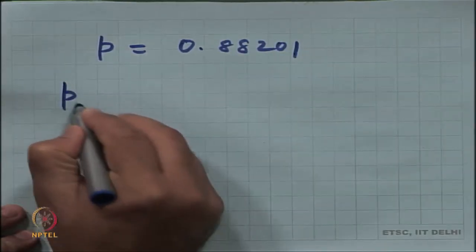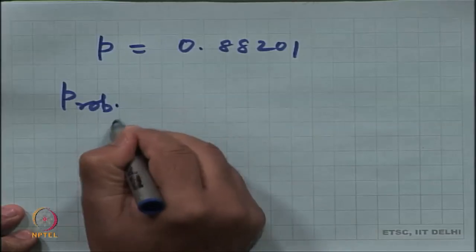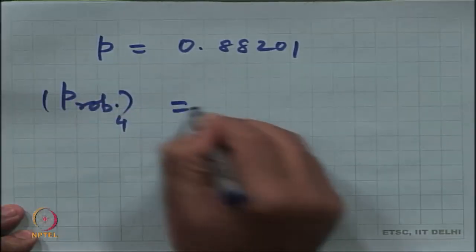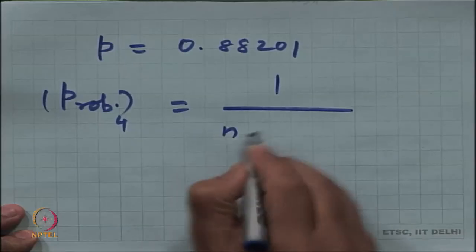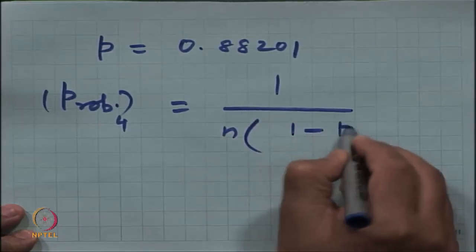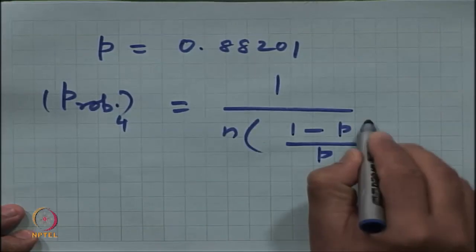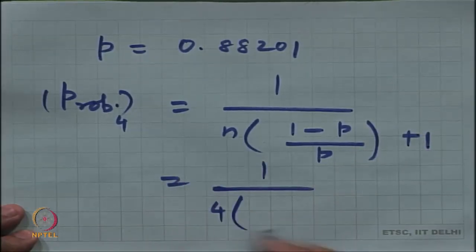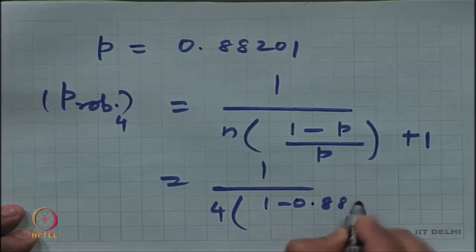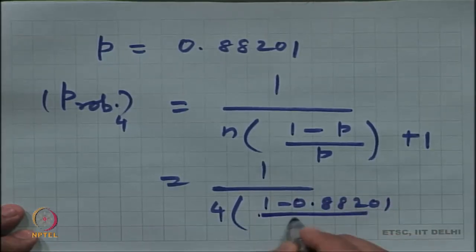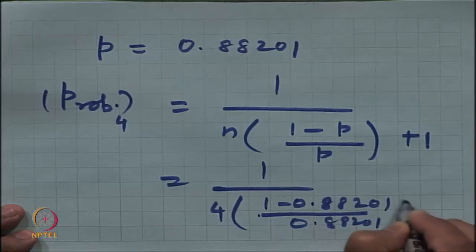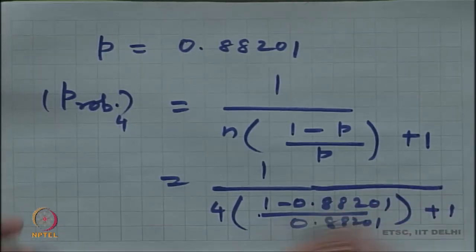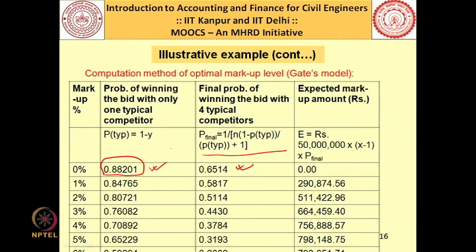So, the probability of winning against 4 bidders will be given by 1 upon n into (1 minus p) upon (p plus 1). 1 upon n in this case is 4, so 1 minus 0.88201 upon 0.88201 plus 1, and you will get 0.6514. This is what is shown in this particular slide, 0.6514.